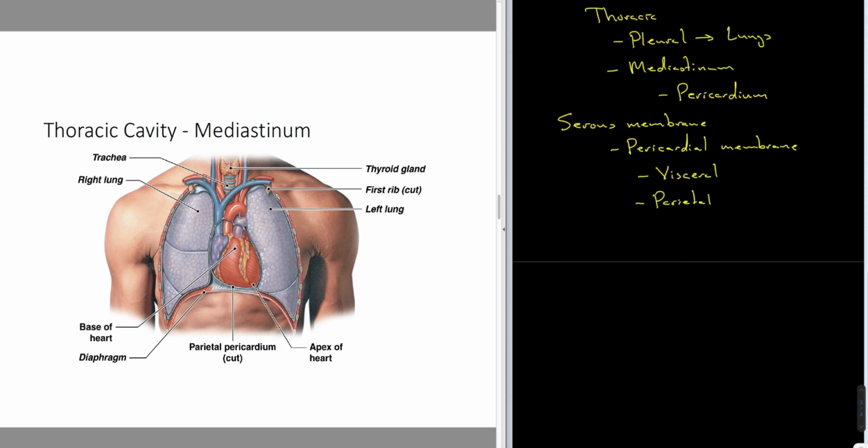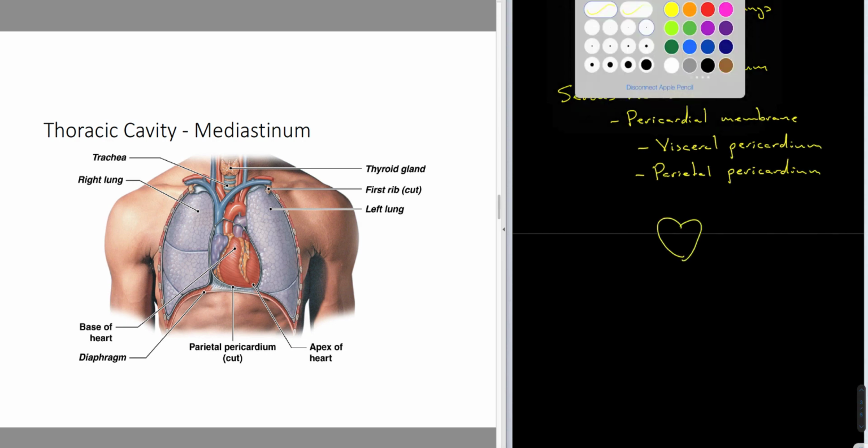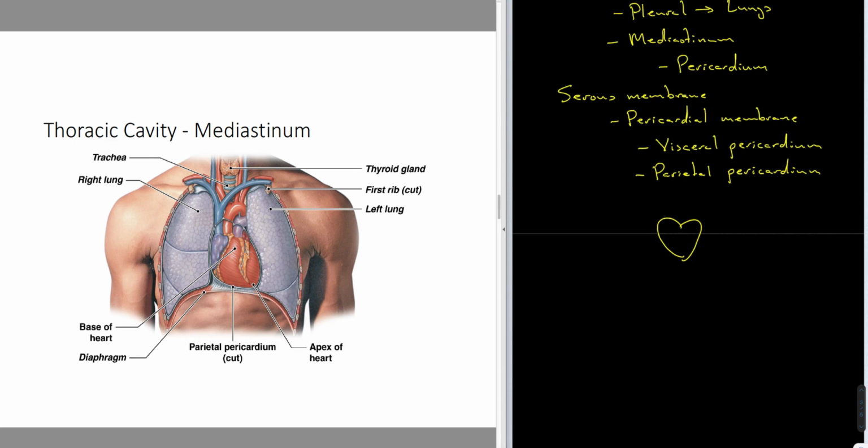So we call this the visceral pericardium and parietal pericardium. So if this was my heart, you two one day might be able to draw this heart. The visceral side is physically attached to the heart wall.